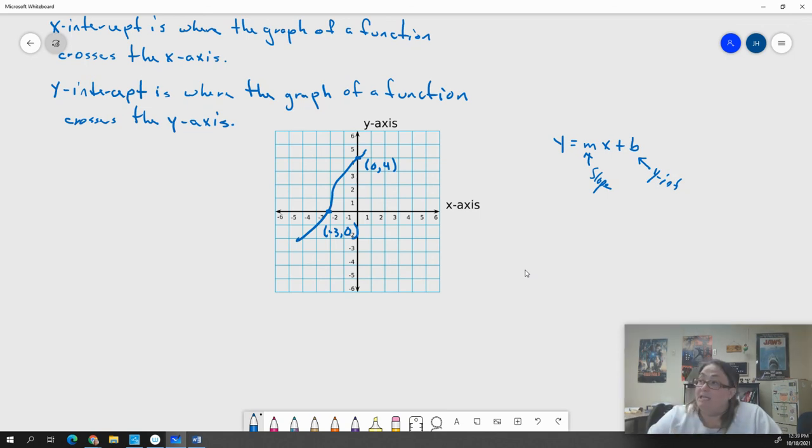And there's a key in this graph that we have here. If you look at this, everything on our y-axis, those points all have an x value of 0, right? All our points on the x-axis have a y value of 0.